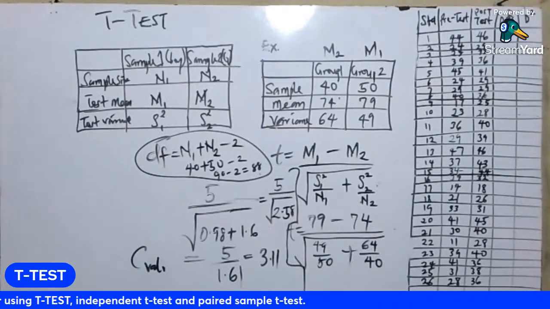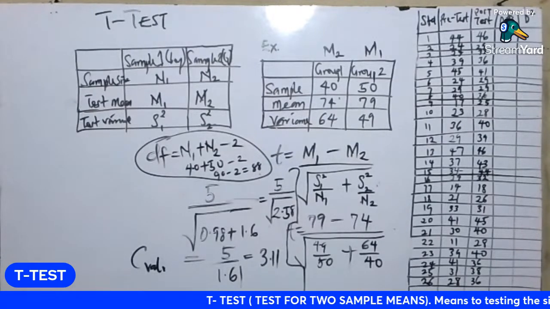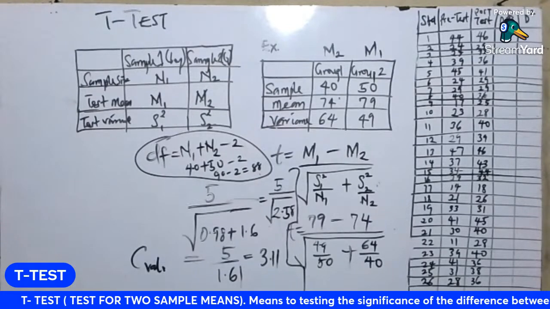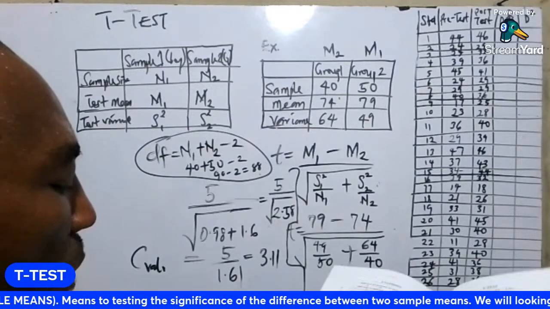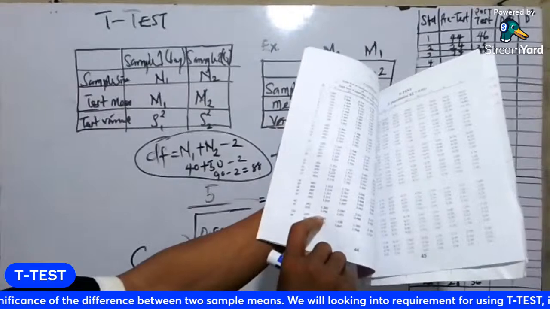Under 88, 0.01 under 88, what is that going to give me? You may likely not see 88, but we can see 60 here.